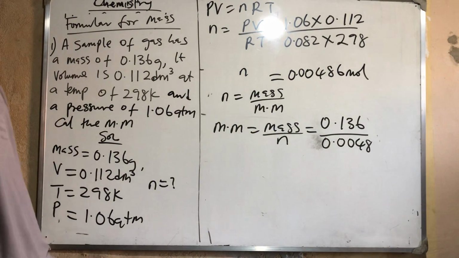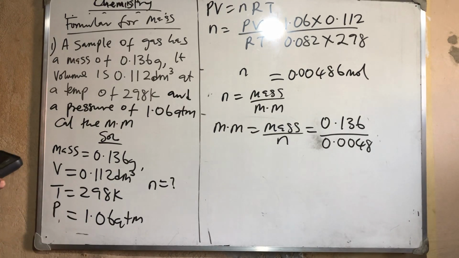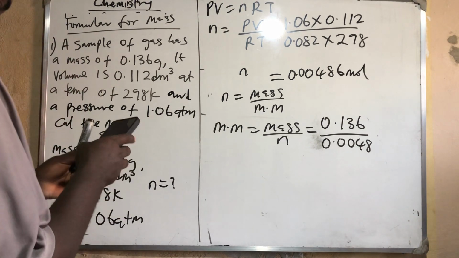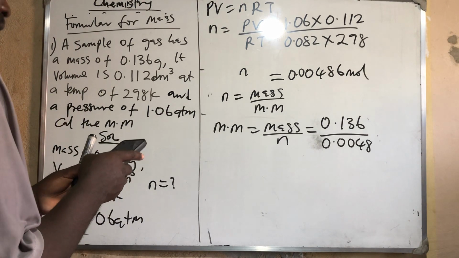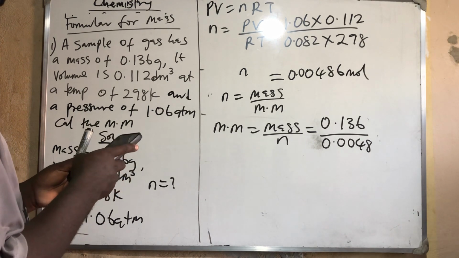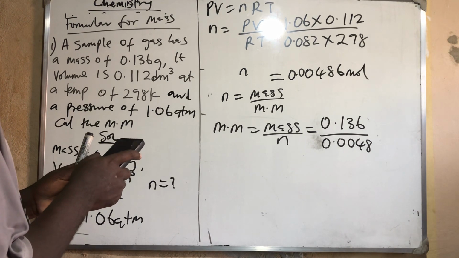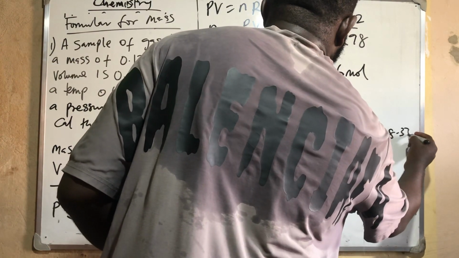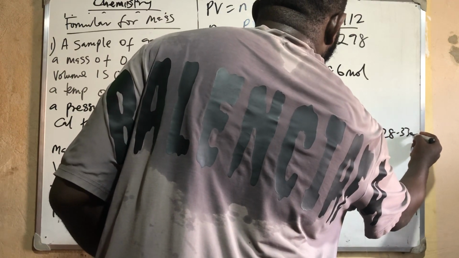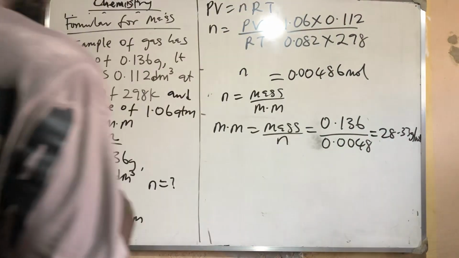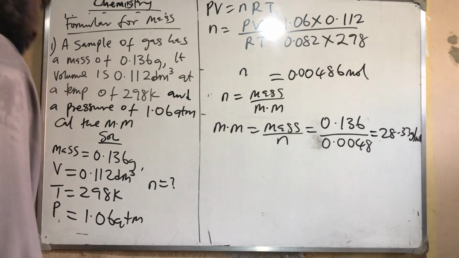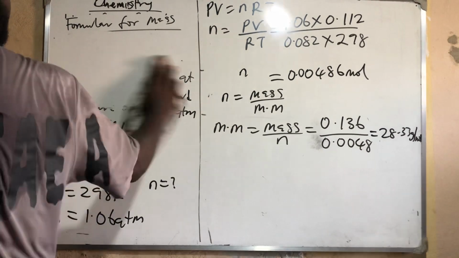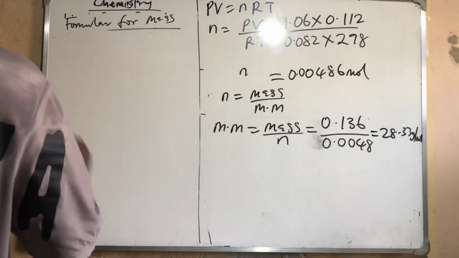So if you do everything, I have 28.33 gram per mole. Okay, so that is that. So let's solve more questions. You see, these things are very, very simple to calculate.